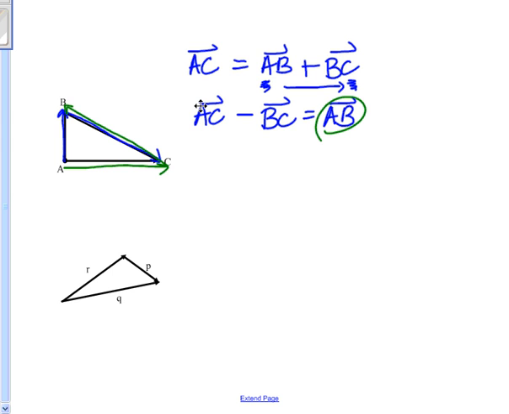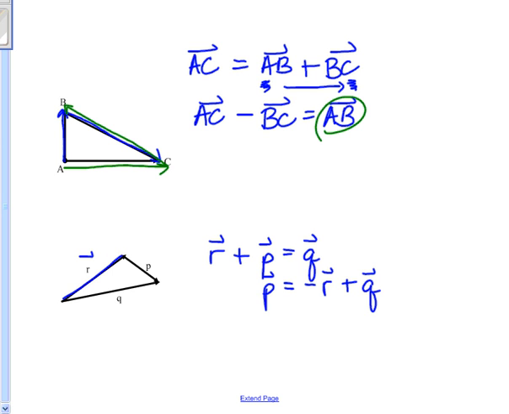For the next one, I have vector R plus vector P equals vector Q. From that statement, I can say that vector P equals opposite of R plus vector Q if I subtract R from both sides. Let's follow our diagram.